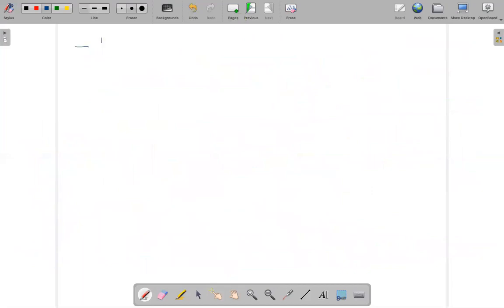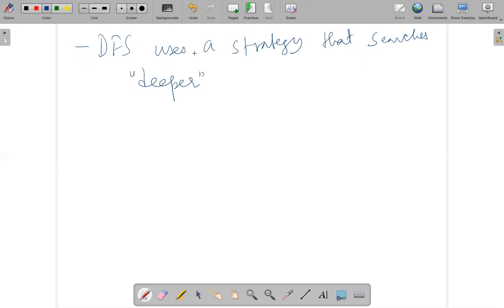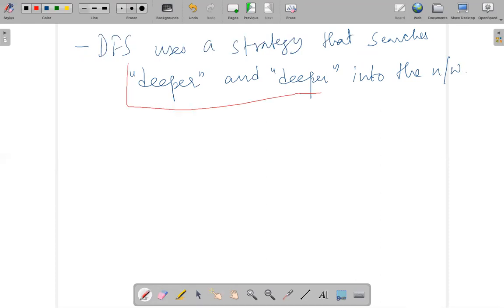So DFS, why depth first? As we have already seen from the previous slide, DFS uses a strategy that searches deeper and deeper into the network. Okay, so again, deeper and deeper.